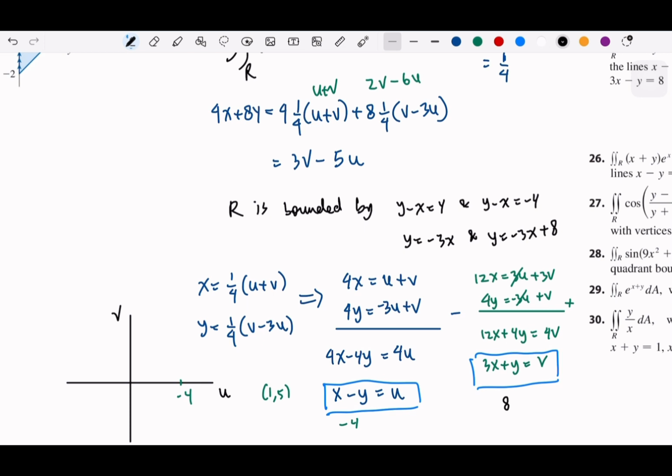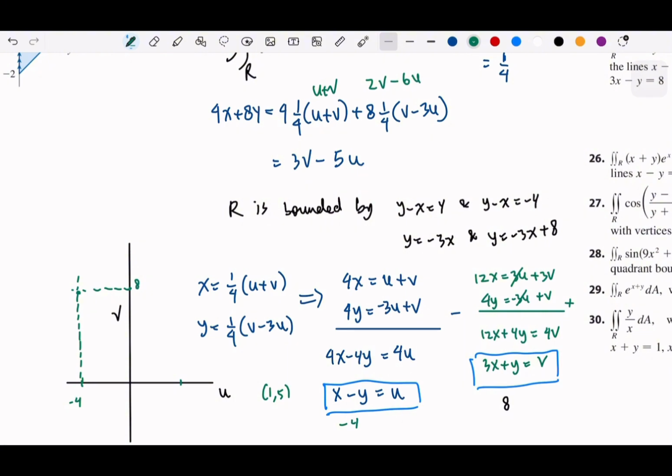So basically you try all the vertex points in the graph.